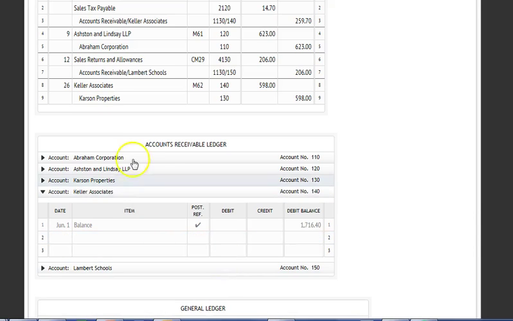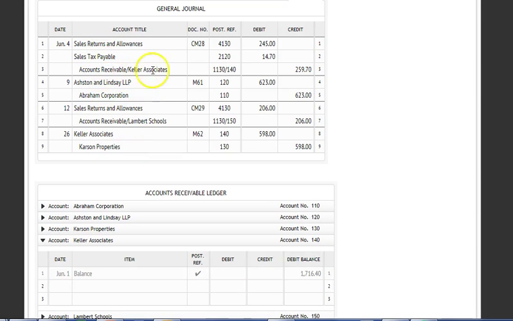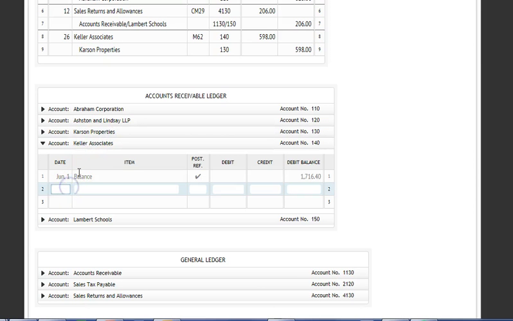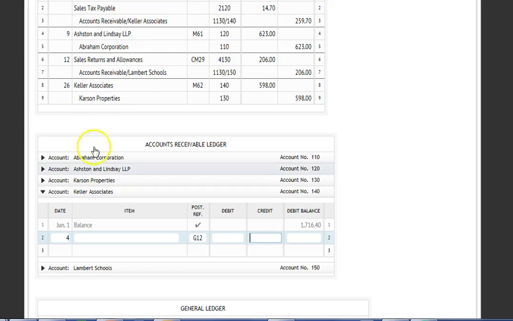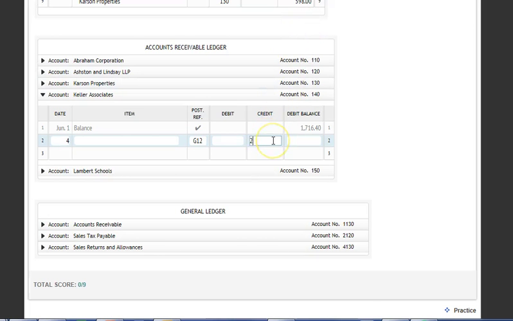Keller Associates, let's see up here. Keller's right there, and Keller's right there. There's 2 of them for Keller, that's good. We have 2 blanks. The 4th is the first one, G12. And our credit, which is right there, is $259.70. So that decreases. And then the 26th is the other one.